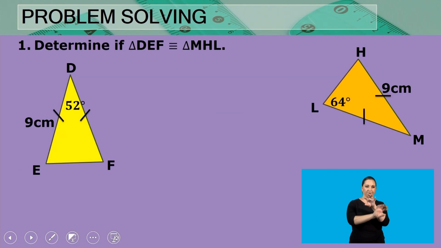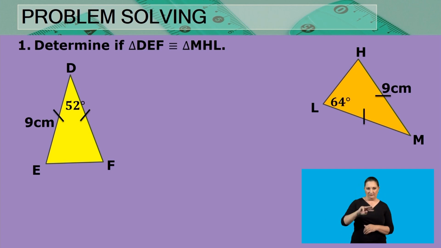Let's now go to the last part of our concept map, and that is solving problems. And we are just going to see if we can determine whether these two triangles are congruent or not. So determine if triangle DEF is congruent to triangle MHL. Now, these are both isosceles triangles, and we can see that DE is equal to MH, which is 9 centimeters.